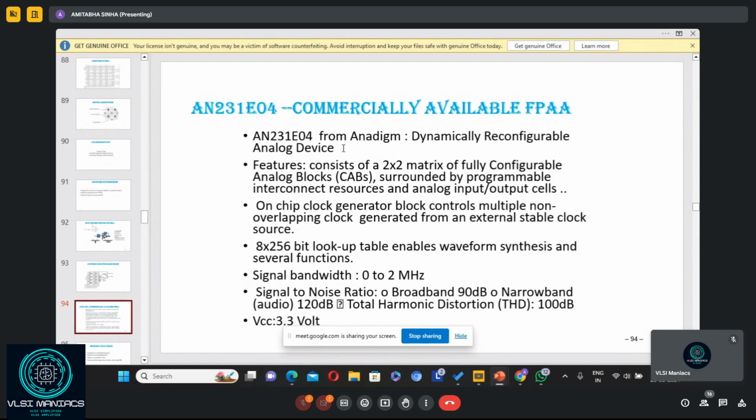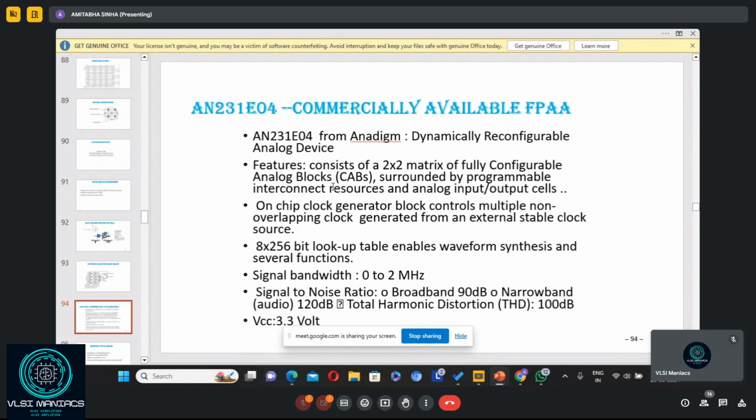It's becoming a different analog circuit. That means the time to design is very less. Every time you don't have to design the hardware. So the basic hardware you can design, and after designing, your game is with the software. By changing the software, your hardware can be used for different purposes.